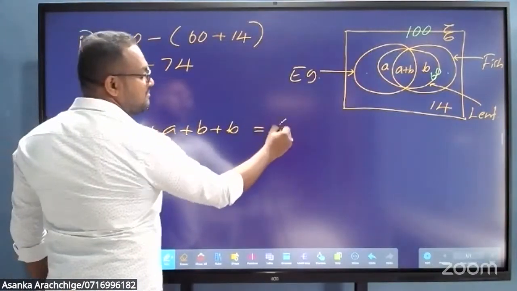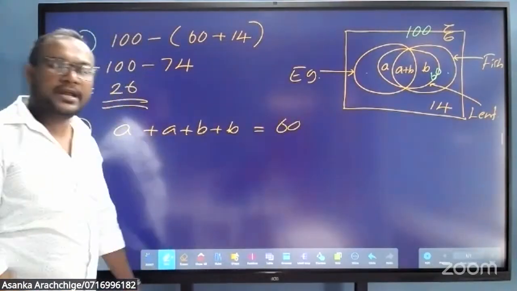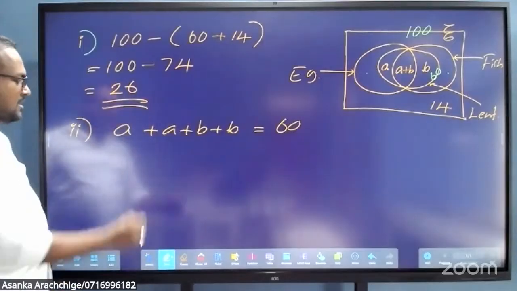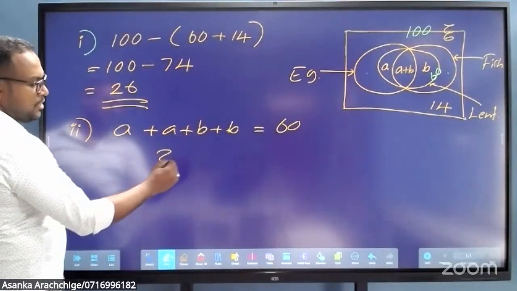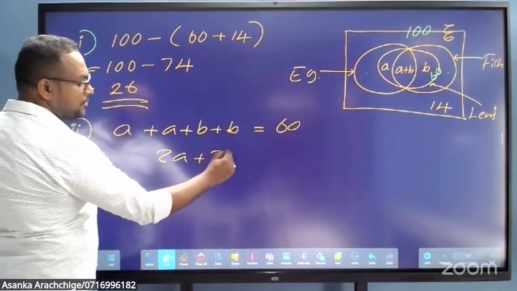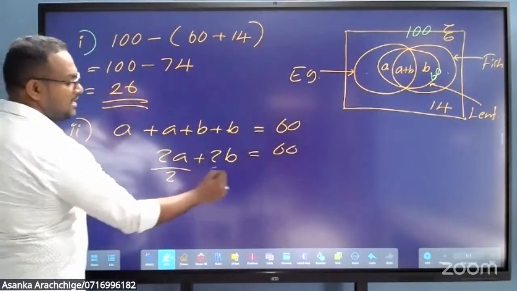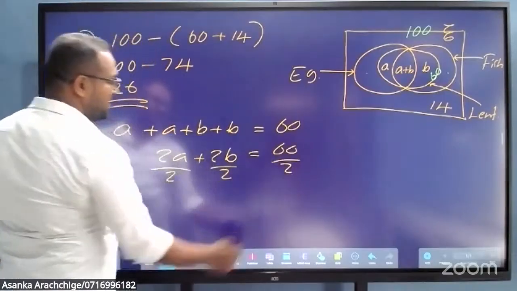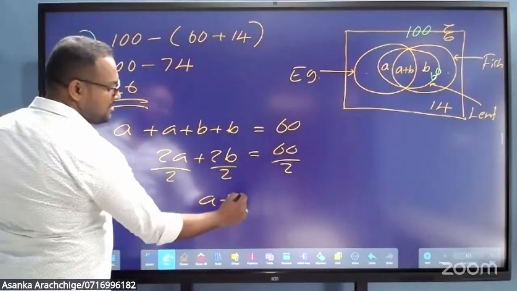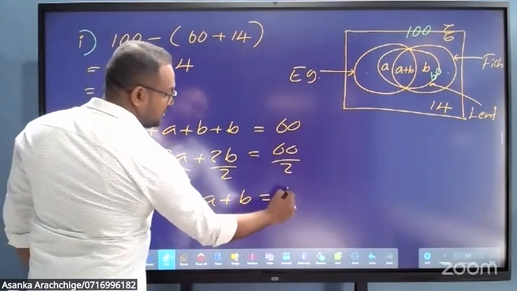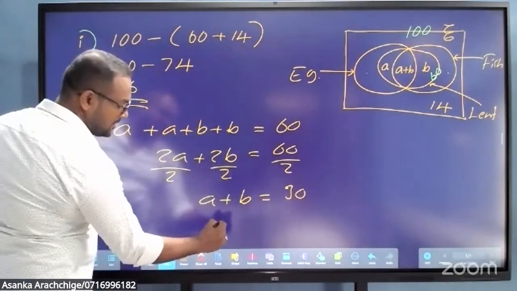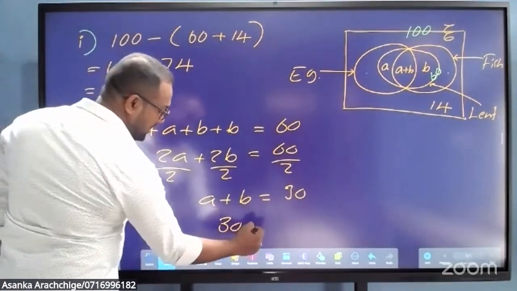That is equal to the number of people who bought lentils. Then 2A plus 2B is equal to 60. Divide each and every term by 2. Then A plus B is equal to 30. Answer: 30 customers.